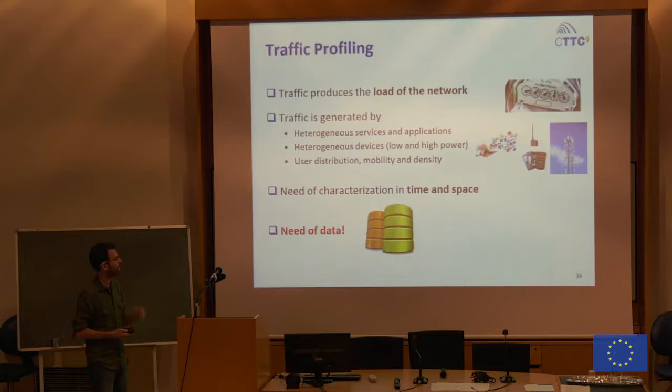So we have to characterize the traffic in time and space. So these are the two dimensions that I have to take into account when I characterize and model the traffic.